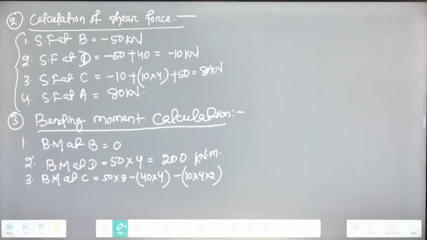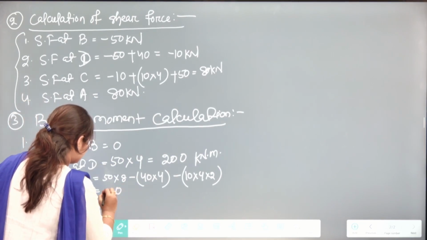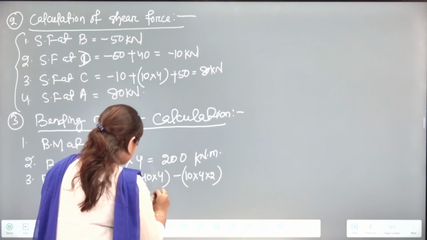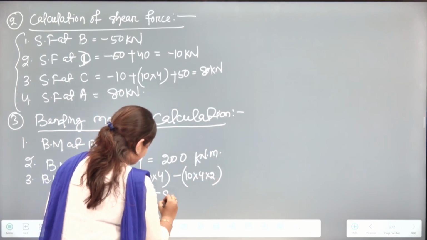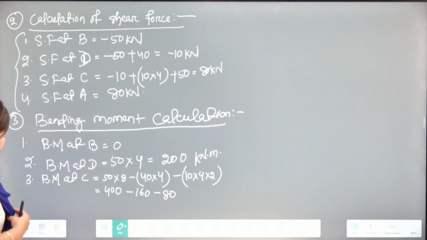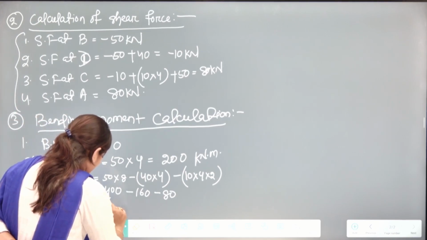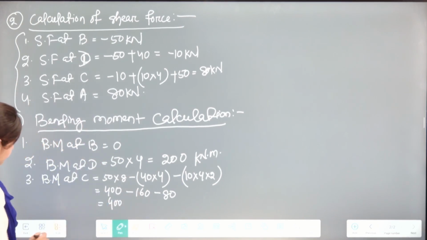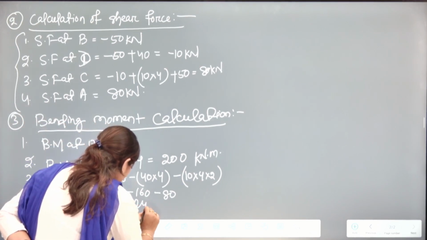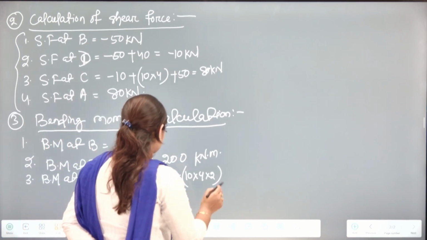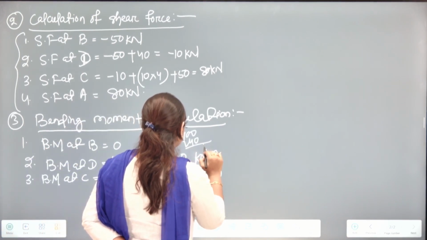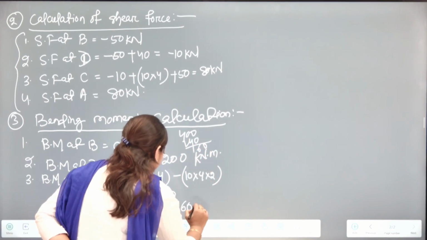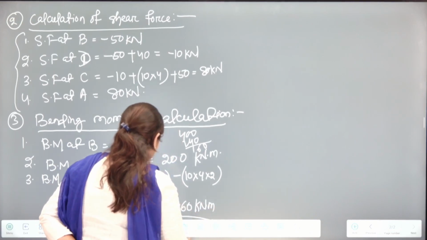So here you will have the value. 400 minus 240, that is 160 kilonewton into meter.